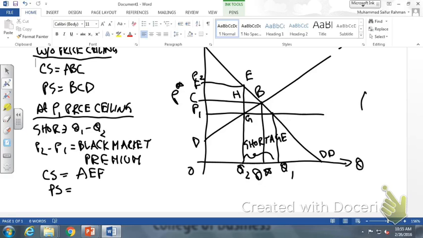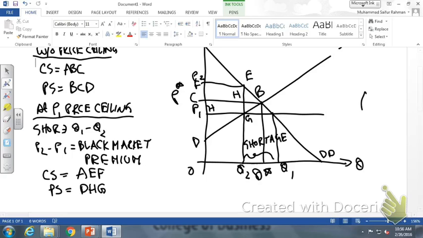Are we all clear on that? We're going to come back to the black market in a minute. Let's call this point H. So the producer surplus is DHG, the lower rectangle.